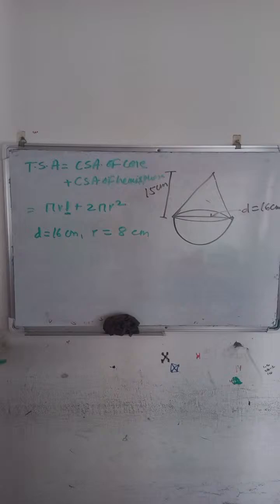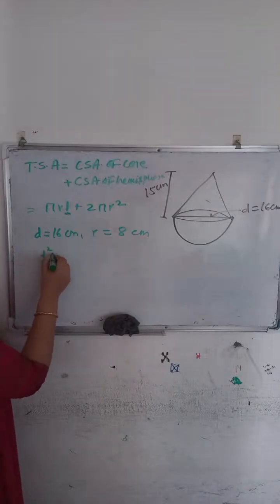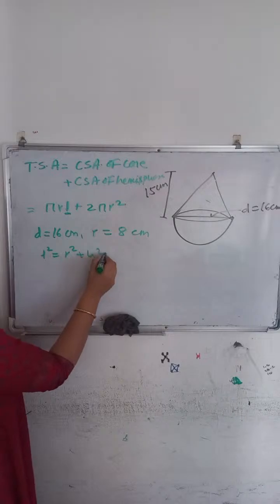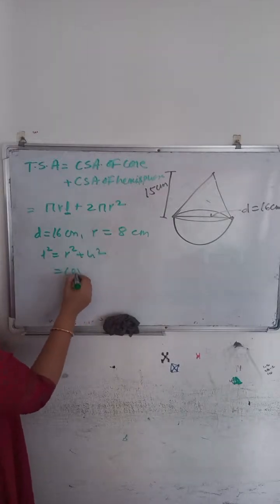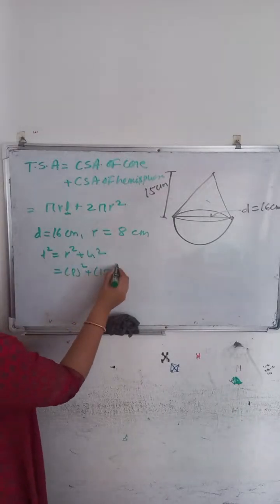So I want L square. L square is equal to r square plus h square. R is 8 square, height is 15 square.